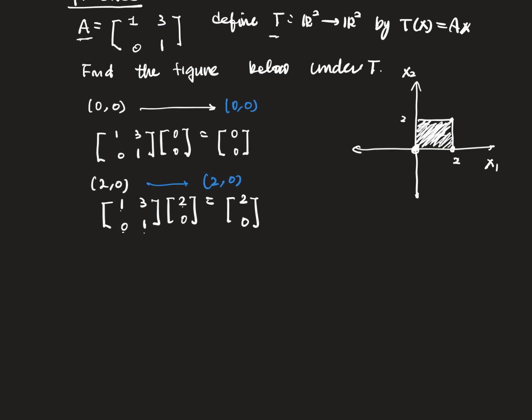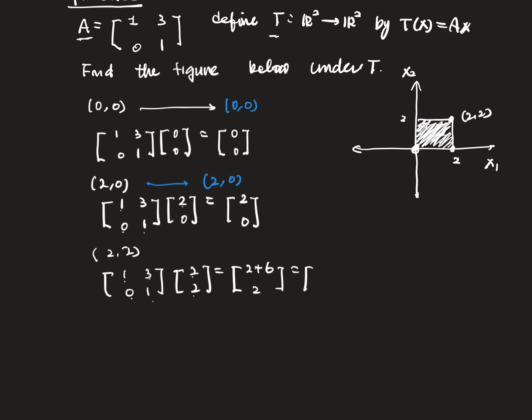Okay, guys, next one. Next one is we're going to do this 2 and 2 point. So 1, 3, 0, 1 times 2 and 2. So this one, 1 times 2 is 2, 3 times 2 is 6, right? 0 times 2 is 0, 1 times 2 is 2. That's going to be 8, 2. Does it make sense?